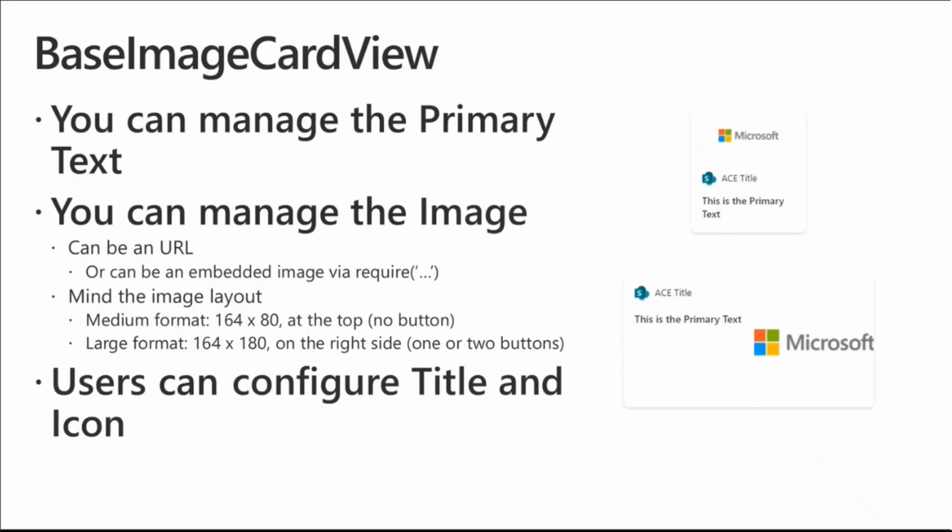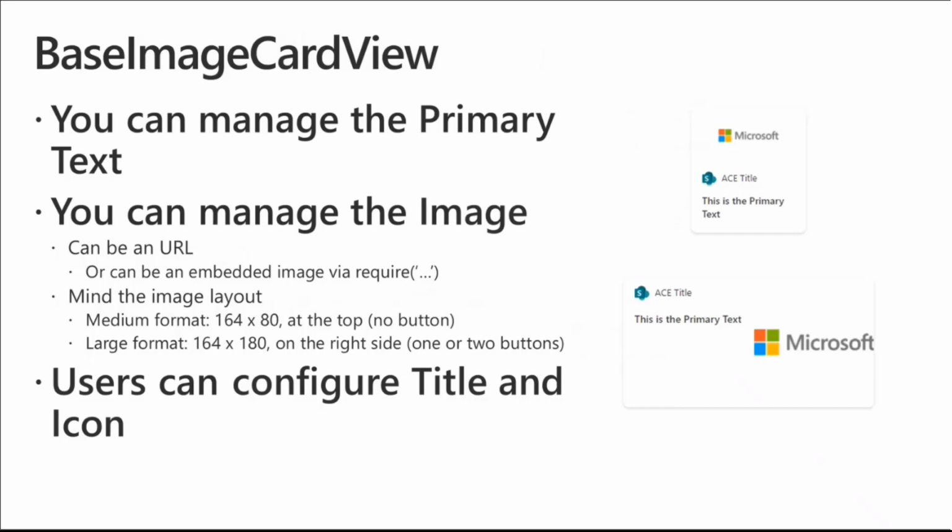Like, for example, when we provide the image, we can either provide the URL of an image, or, as I will show you shortly, you can also use an embedded image, which will be embedded in your solution, and using the required syntax, you will be able to render it.